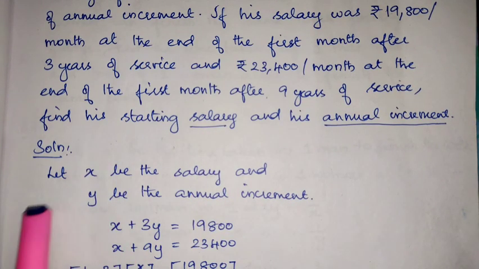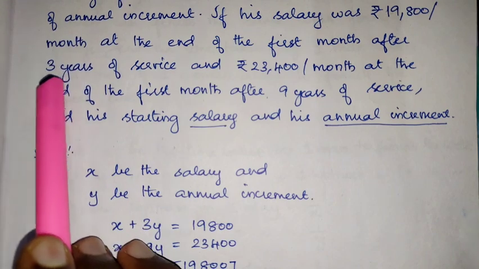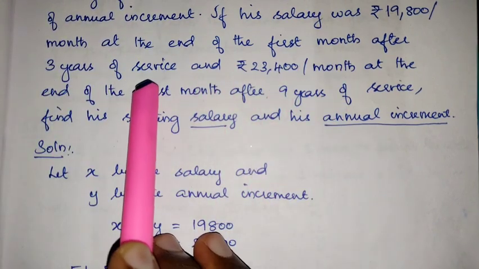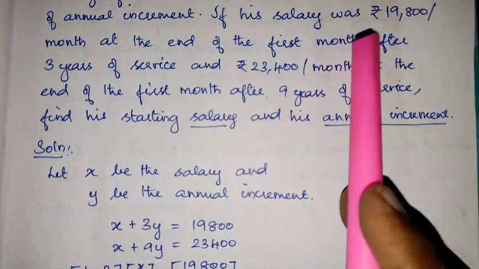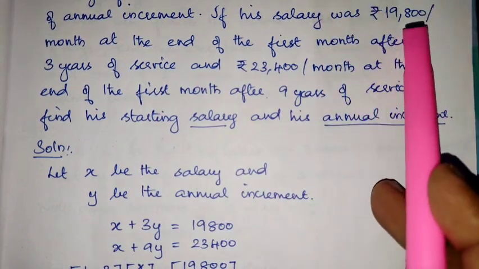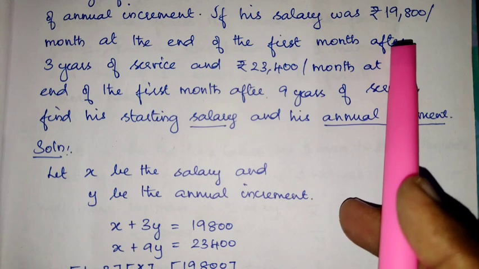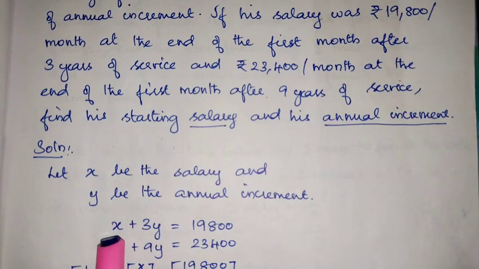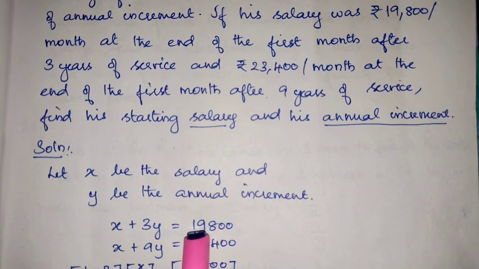The first information given is that after the end of 3 years of service, the salary he is getting is 19,800. So we take the equation x plus 3y equal to 19,800.